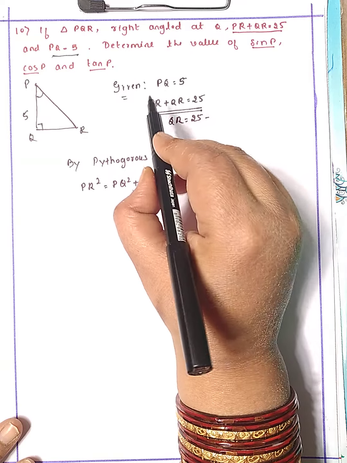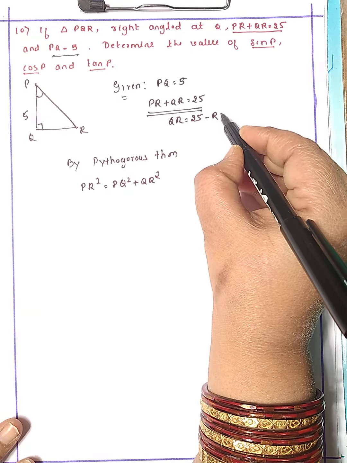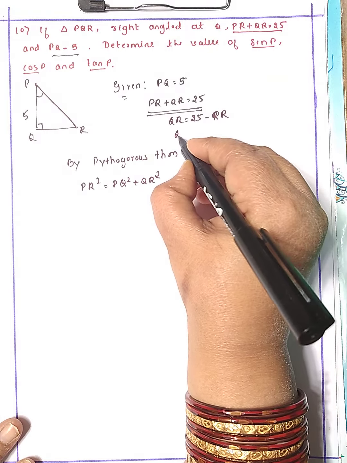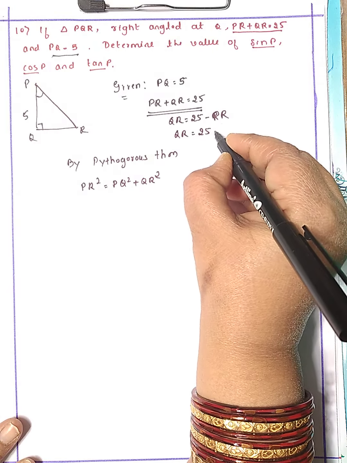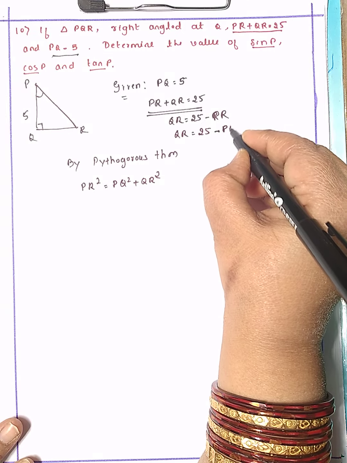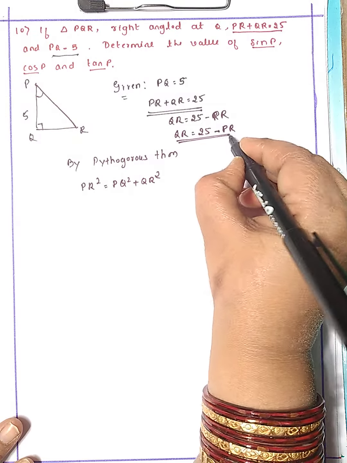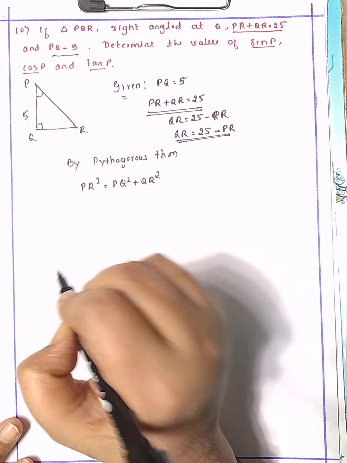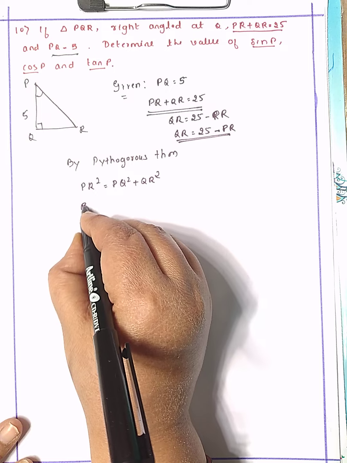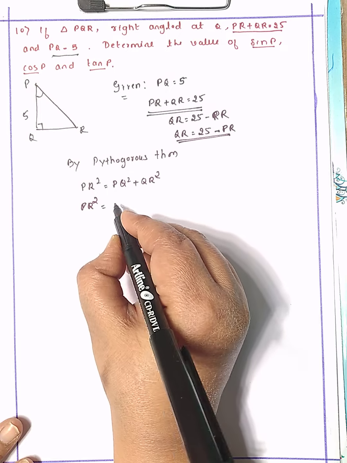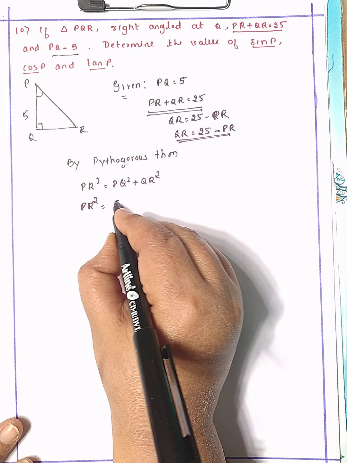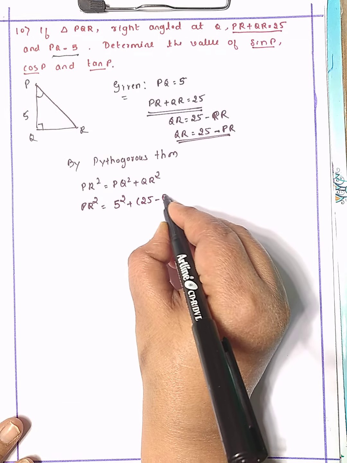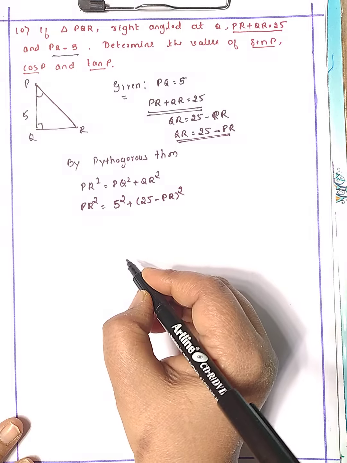Transfer PR to the right side: QR equal to 25 minus PR. So substitute this QR in the Pythagoras theorem. PR square equal to PQ is 5 square plus QR is 25 minus PR square.